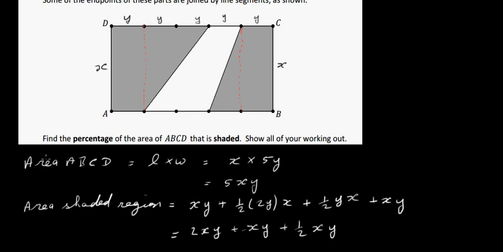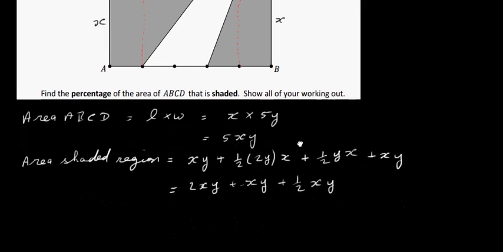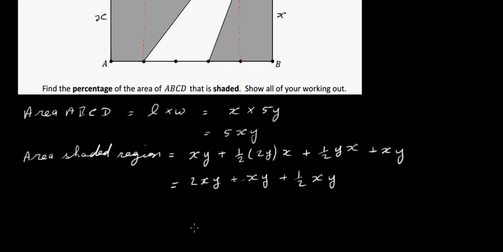Well, again, we can add these together. We have 2xy plus 1xy, that's 3xy. 3xy plus half xy is 3.5xy. And I'll just write that as 7 over 2 xy. This is 3.5 here.